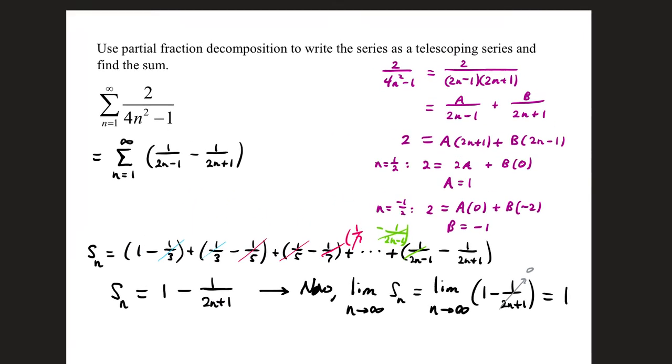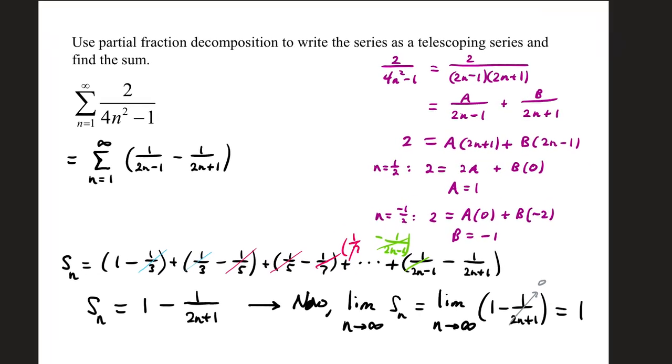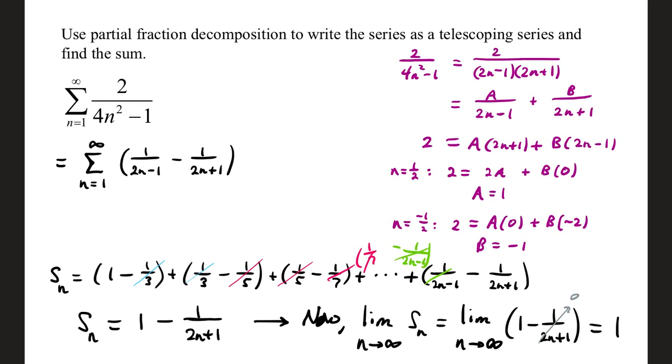Let's do one more infinite series, this time with partial fraction decomposition. This was a skill we learned back in the last unit of how to decompose a fraction into simpler terms. 2 over 4n squared minus 1, that is a difference of 2 squares. So over here in purple, I'm taking my a sub n term, factoring the denominator, 2n minus 1, 2n plus 1, creating 2 simpler fractions with each factor as the denominator.